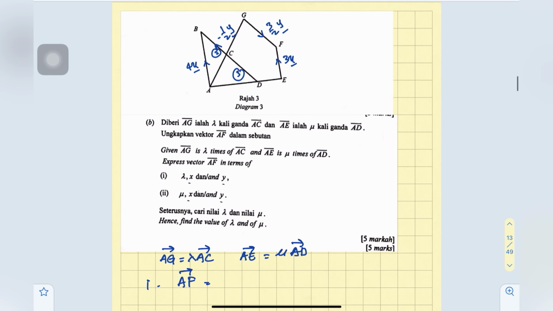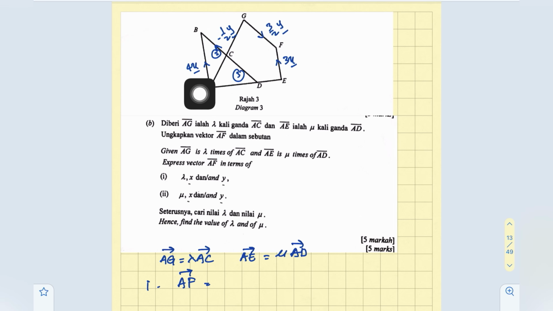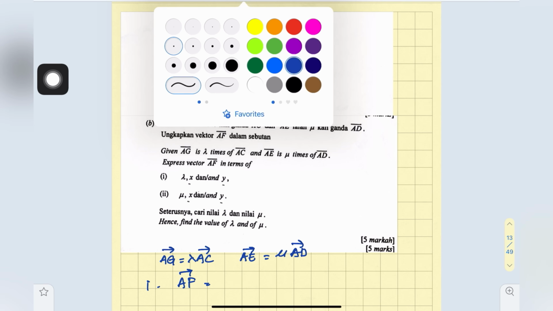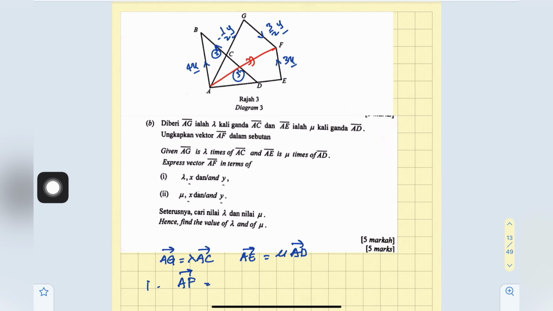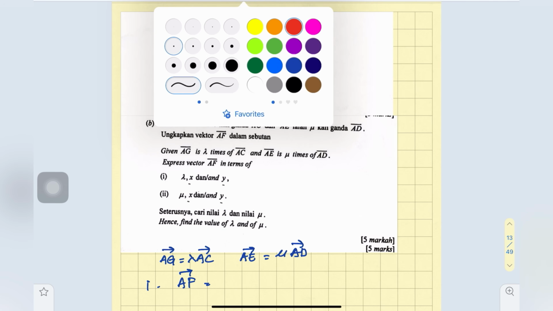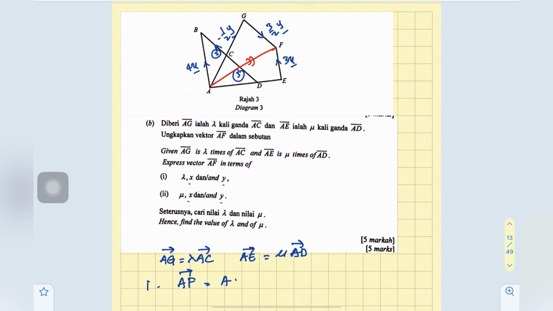Okay, so kalau kita tengok dekat sini AF. Tapi yang the first one ni tak dalam sebutan lambda. Lambda yang ni in terms of AG kan. Okay, so AF sama dengan AG plus GF.